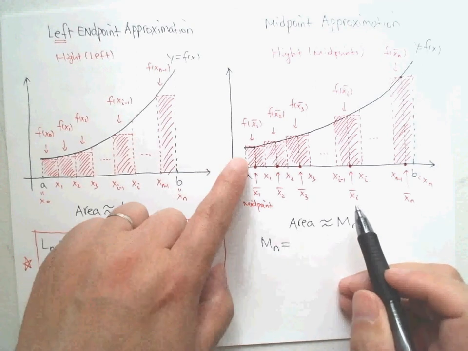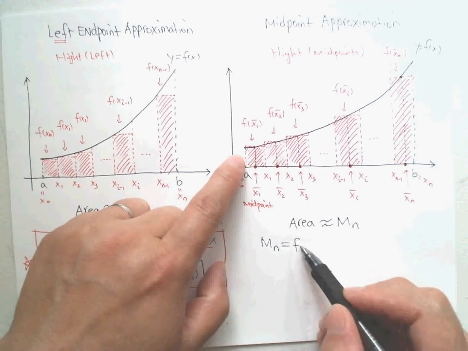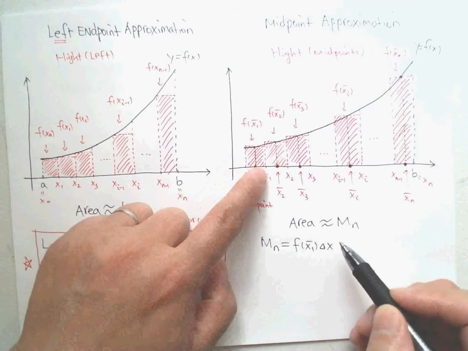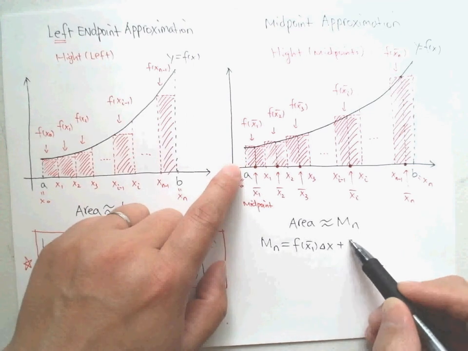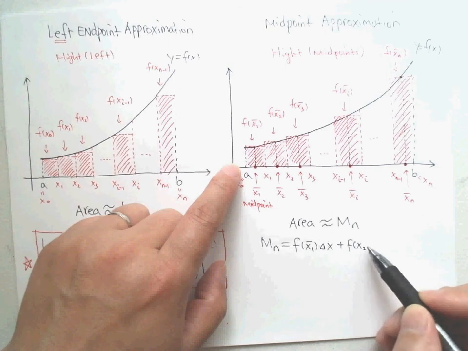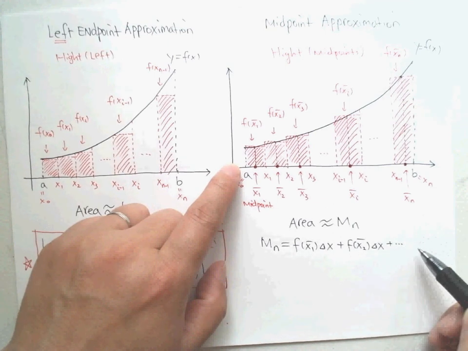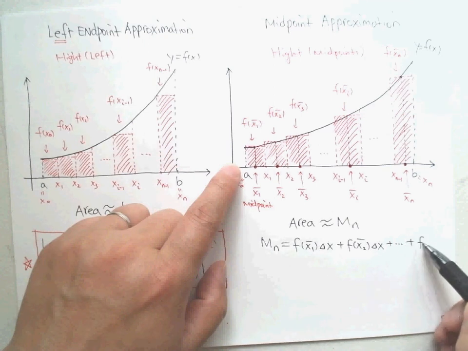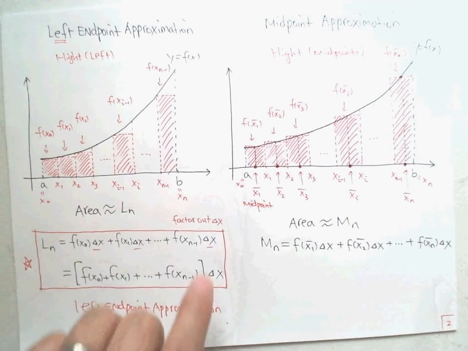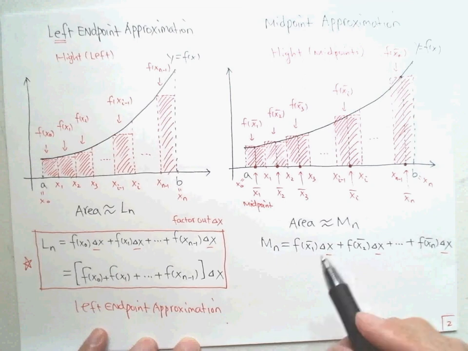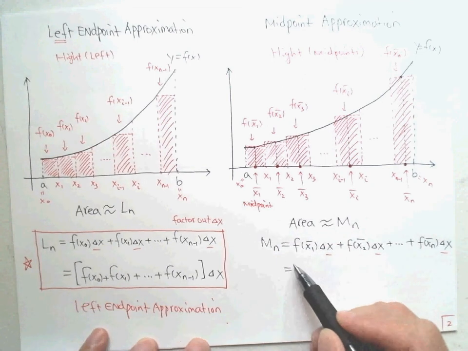M_n equals: the first rectangle is f(x1 bar) delta x, the width, plus the second f(x2 bar) delta x, plus, up to the last, f(xn bar) delta x. Then all the delta x you can factor out. So factor all the delta x out. What do we have?